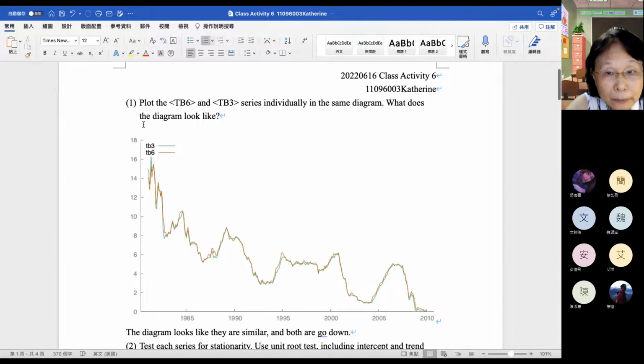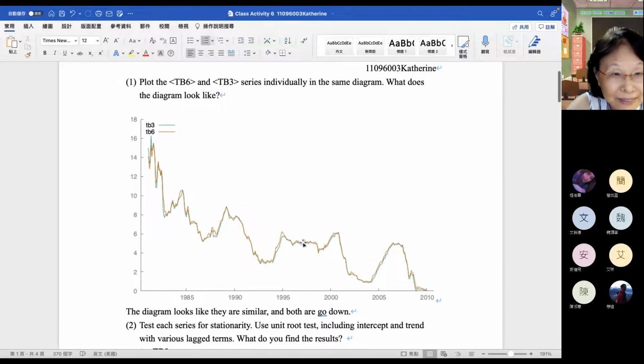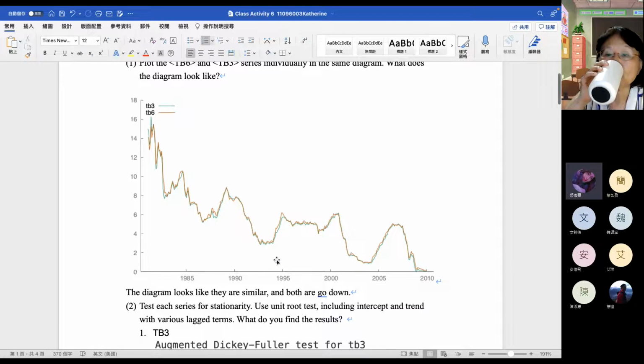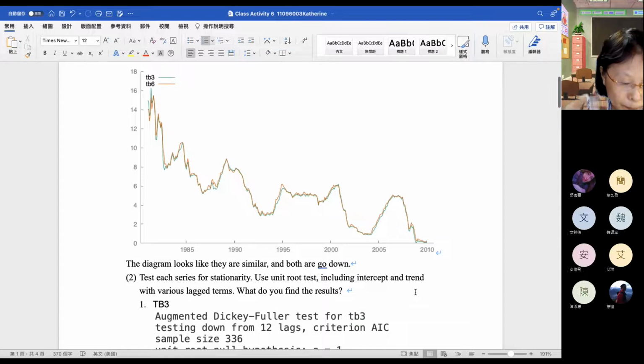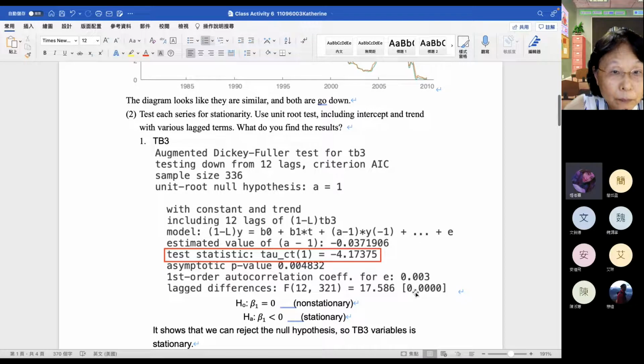The first one, TB6 and TB3. This is really big. In the same diagram, it looks like they are similar and both go down. And the second one, test each series for stationarity using unit root test including intercept and trend with various lag terms.